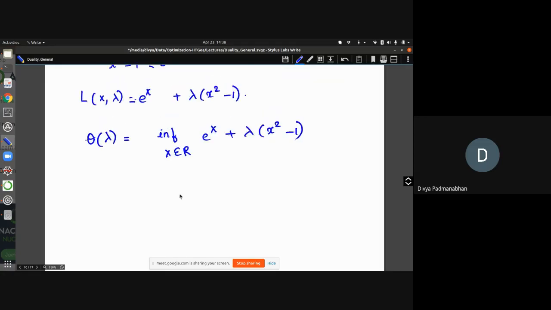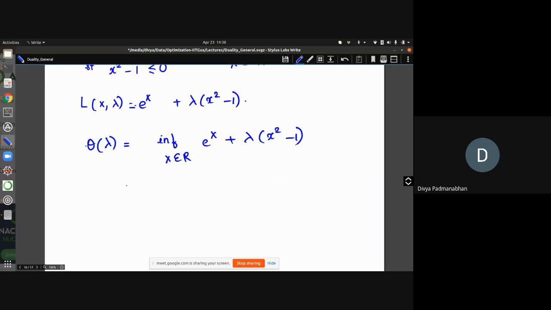Now you can take the gradient. So it's not theta of lambda, right? This is another function. If I take the gradient of this function, what I'm going to get is e^x plus 2 lambda x equals 0. Let me just call this function f tilde of x, since lambda is given.